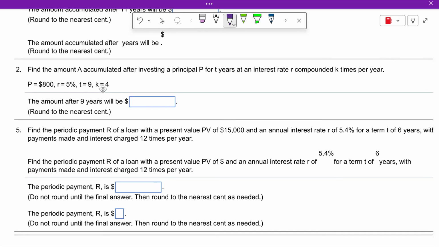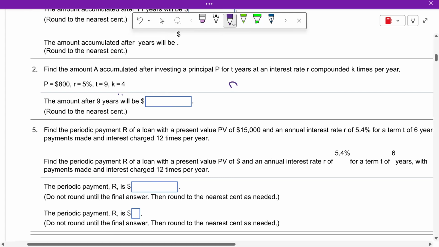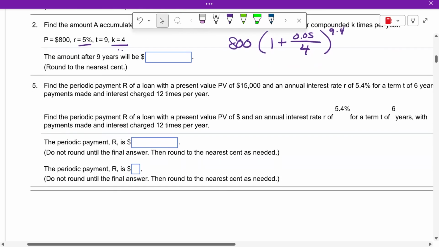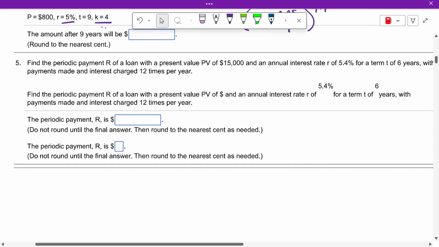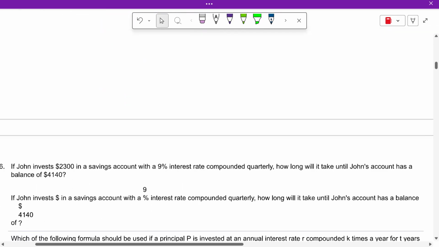If it's compounded 4 times per year, you'd start out with your $800 times 1 plus 0.05, changed to a decimal, divided by k, the number of times it's compounded per year, and then you take 9 times 4, the number of years times the number of times it's compounded per year. Oh, I should take problem 5 out. I'll take problem 5 out before I assign your problems to you, because we're not doing that on these.